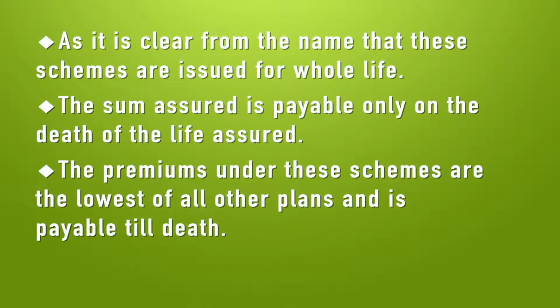Now, we will take the whole life scheme. As is clear from the name, these schemes are issued for the whole life. The sum assured is payable only on the death of the life assured. The premiums under these schemes are the lowest of all other plans and are payable till death.